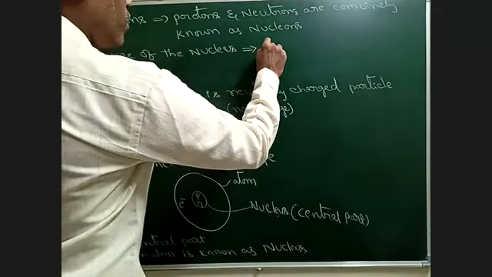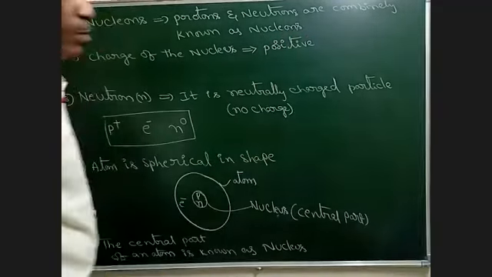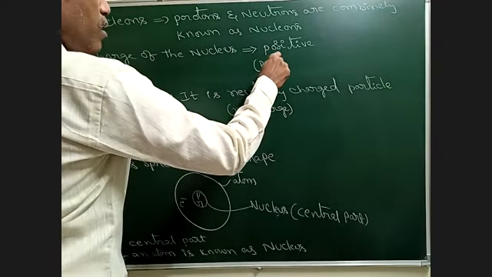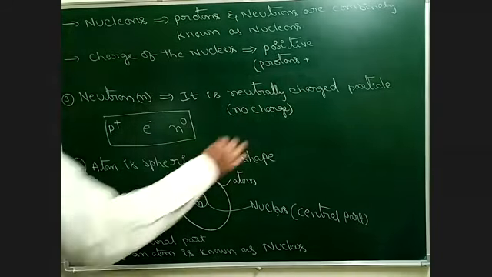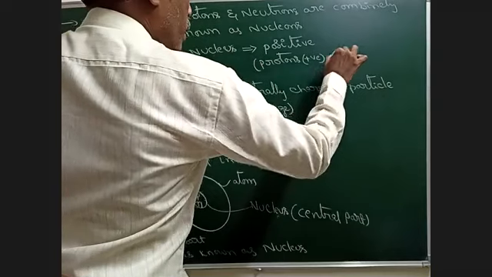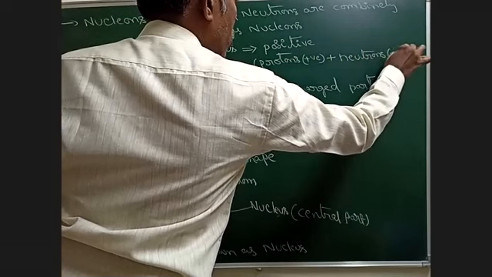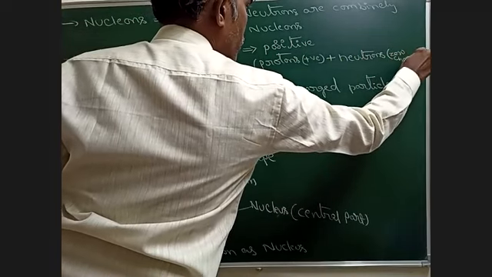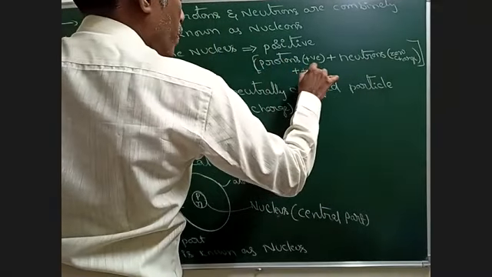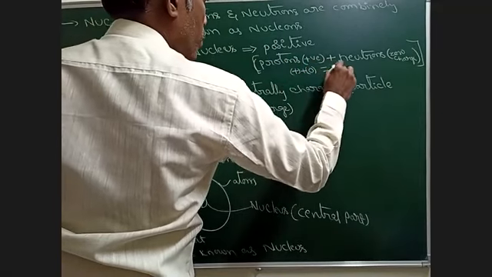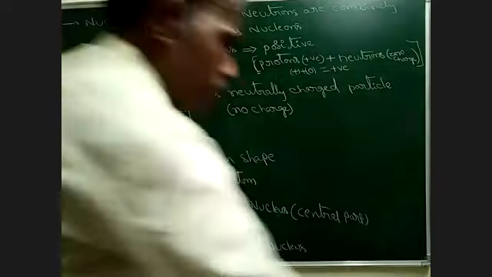The charge of the nucleus is positive because protons with positive charge plus neutrons with no charge. So combinedly what you will get? Positive plus 0, positive. So the charge of the nucleus is positive.